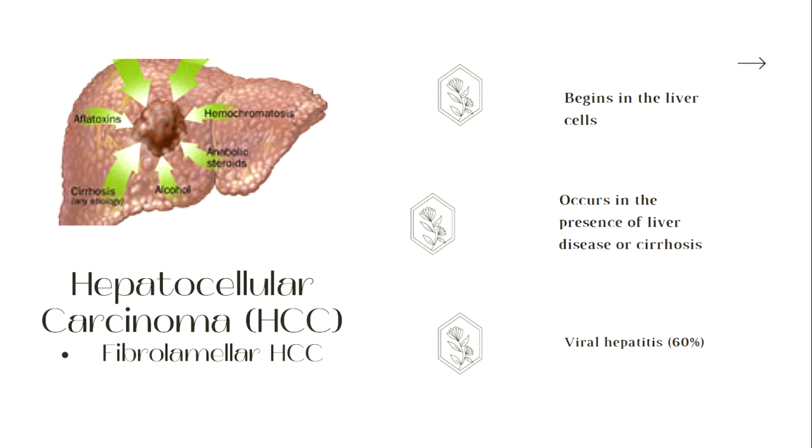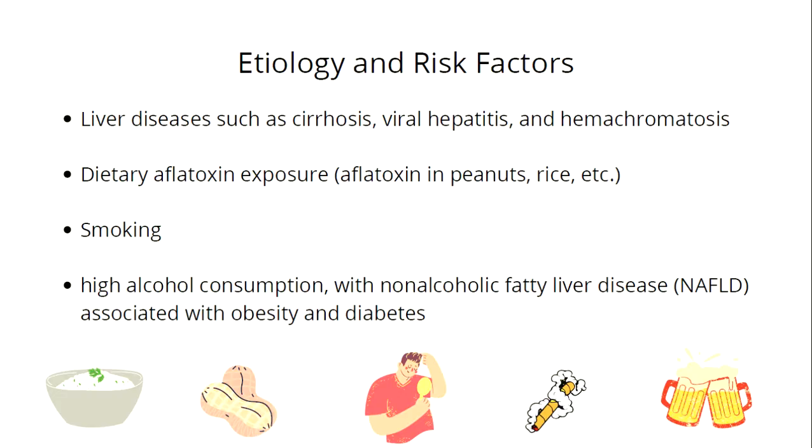It occurs in the presence of liver disease or cirrhosis, and also viral hepatitis, which is more common in hepatitis B and C. So the etiology and the risk factors, first is the liver diseases such as cirrhosis, viral hepatitis, and hemochromatosis. Hemochromatosis is a hereditary disorder that causes the body to absorb too much iron.